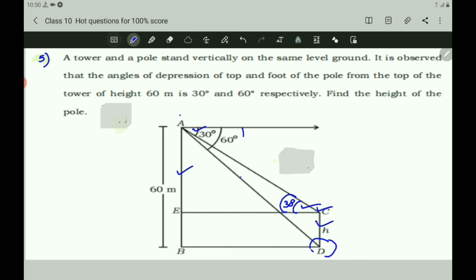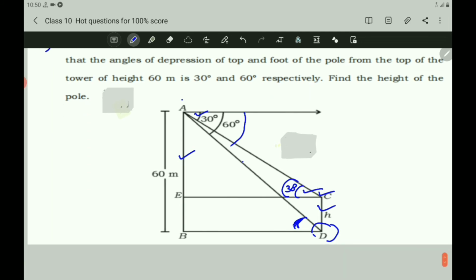And next you take this 60 degree, and this angle at point D made by the line of sight is also equal to the 60 degree angle. So you can write it as 60 degree.